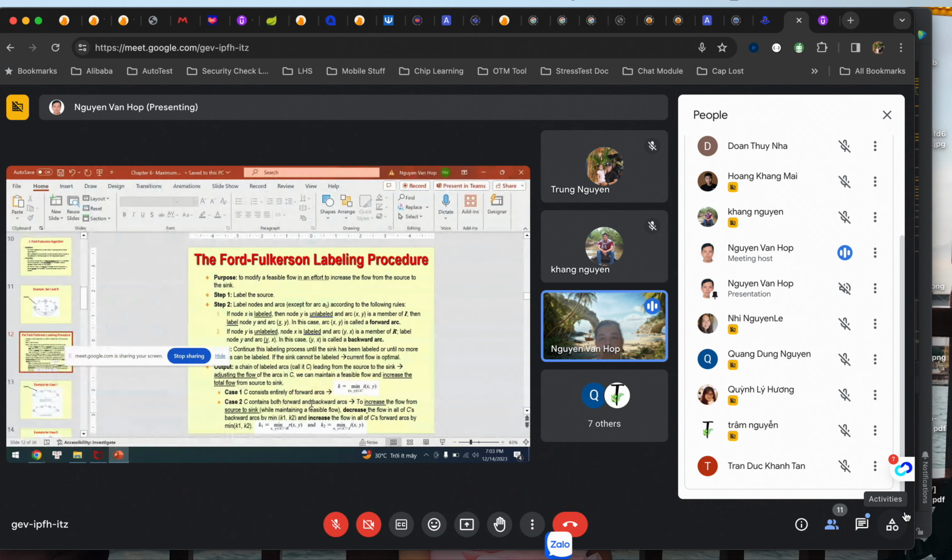Okay. Then you see that we will consider labeling the nodes and arcs, except the artificial arc A0, which comes back to represent the total flow.